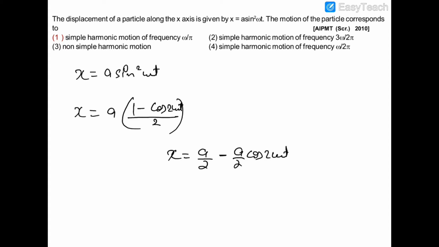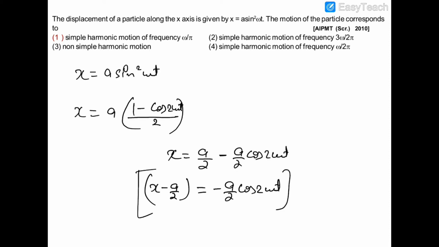So you can also write this equation as x minus a by 2 is equal to minus a by 2 cos 2 omega t. So the mean position of this SHM is x is equal to a by 2. Its amplitude is also a by 2, and the angular frequency of this SHM is 2 omega.